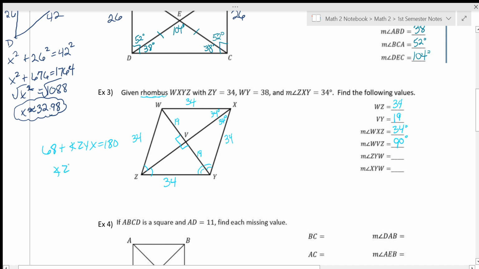That means angle ZYX would need to be 112, and then we can divide that by 2 to get each of our little pieces there. 56 degrees are going to be the measures of our other angles here. So 56 here, 56 here. So ZYW would be 56 degrees, and XYW would also be 56 degrees.